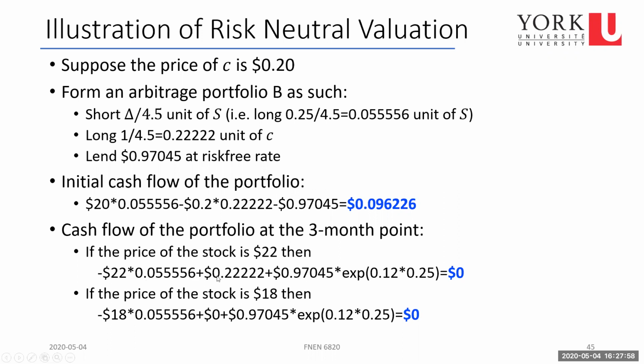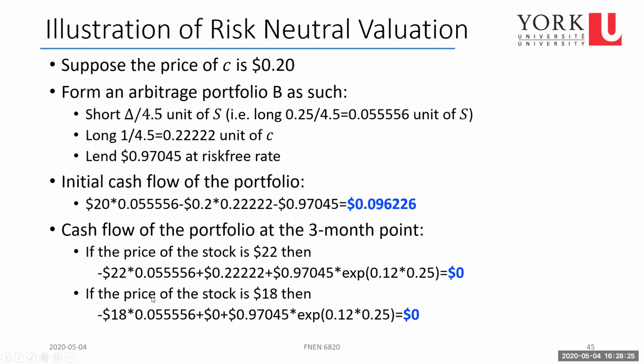So you actually have 0.22 in your account. And because you lent some money, you're now receiving the future value, which is 0.97 times e to the power 0.12 times 0.25. If you do the calculation and add them together, again, it gets 0.